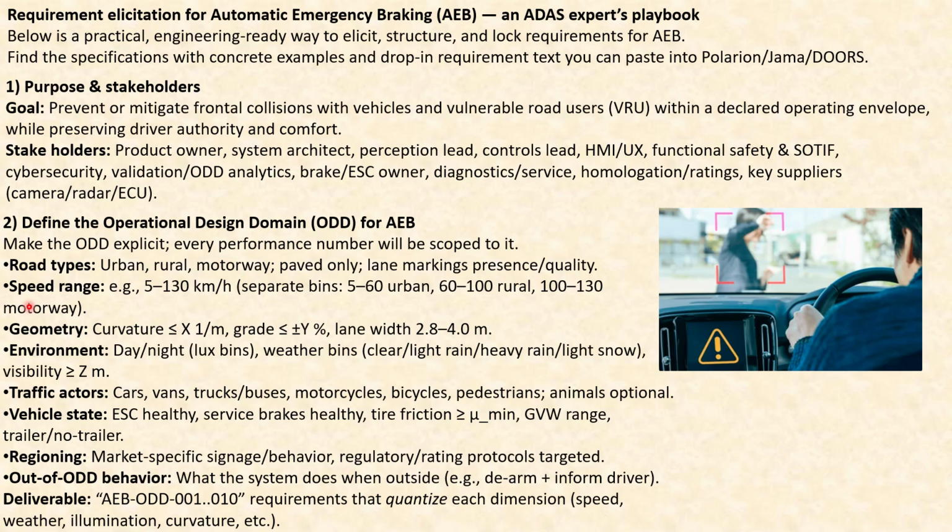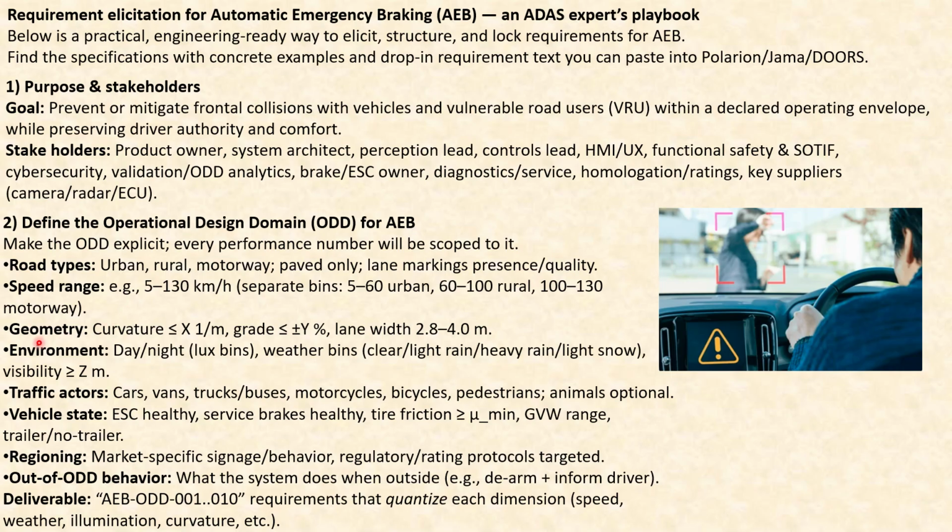Next, you have to understand the ODD for different speed ranges. For example, when you're talking about 5 to 130 kilometers per hour, there is a separate bifurcation: 5 to 60 kilometers per hour, which is a safe assumption for urban driving, 60 to 100 kilometers per hour for rural driving, and 100 to 130 for motorway or highway.